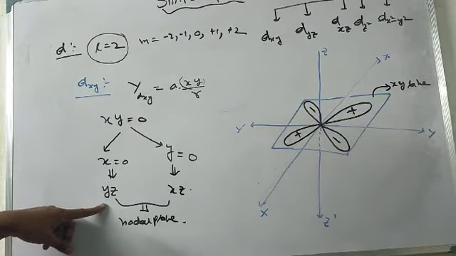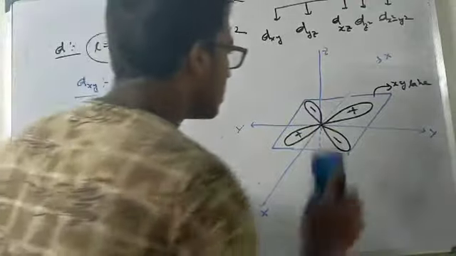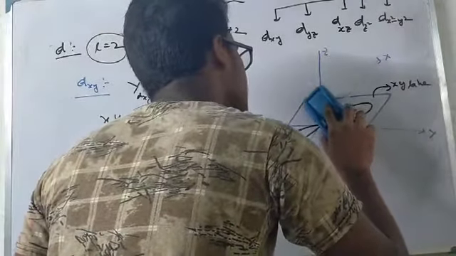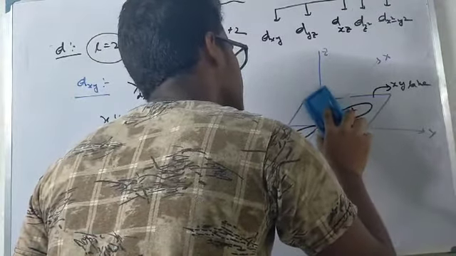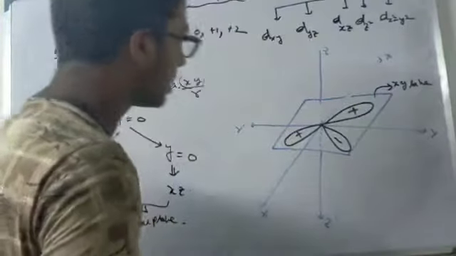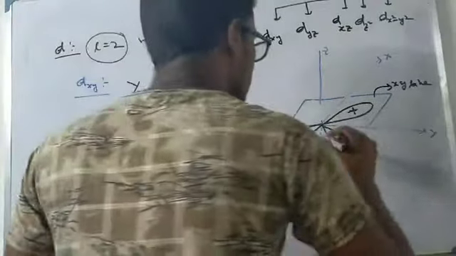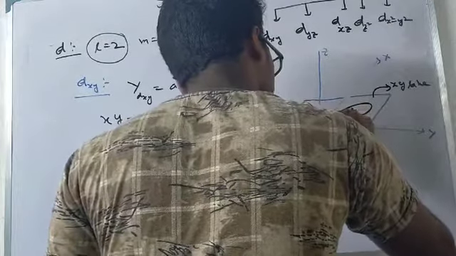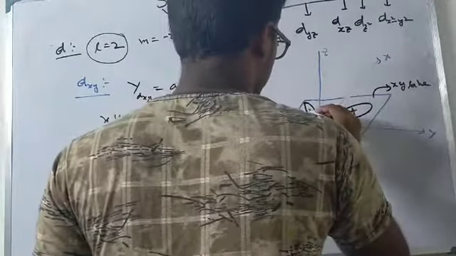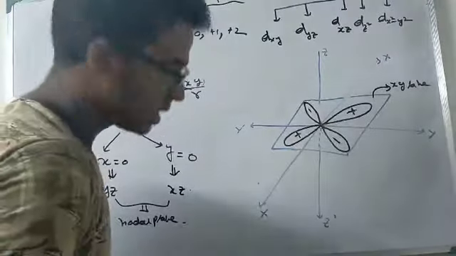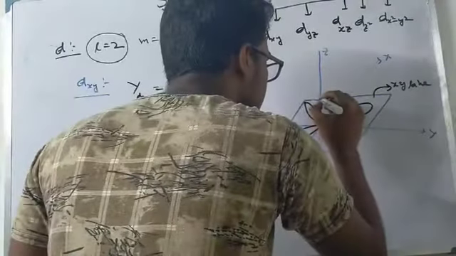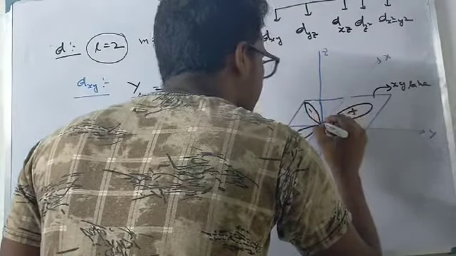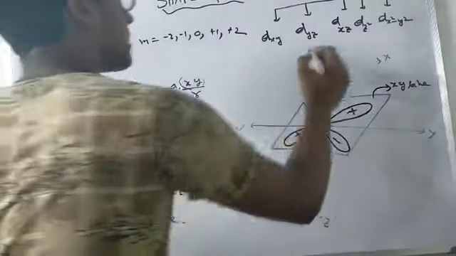My drawing is a little bit wrong because this touches the yz axis. This is not the correct way, so I should draw this like that. This is minus. And this is my z axis.